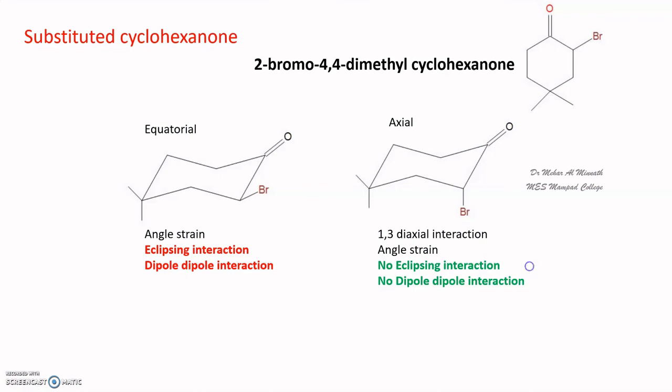Okay, so these are a few examples which we have taken for substituted cyclohexanone. So keeping all these points in mind, you can try to explain the conformational analysis of any substituted cyclohexanones. And remember, here the equatorial form will be more stable in polar solvent, while the axial form will be more stable in apolar solvent because of the solvation.